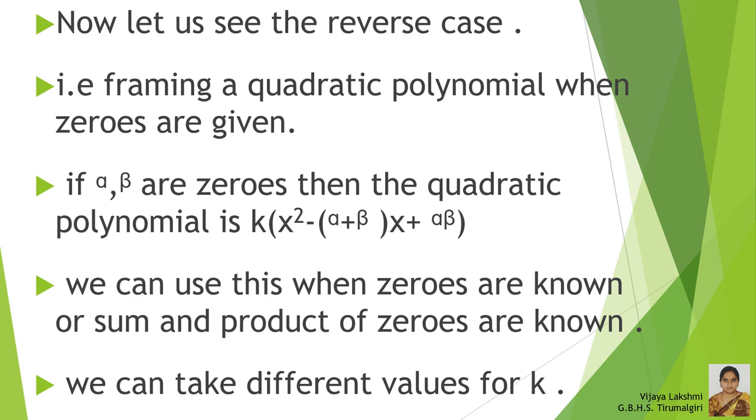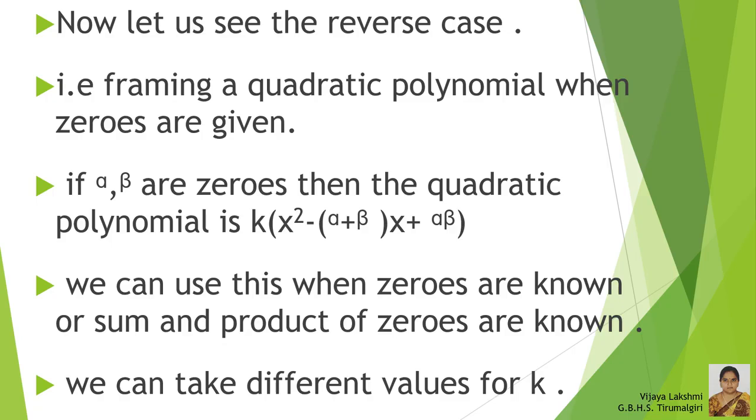If alpha and beta are zeros, then the quadratic polynomial is given by k into x square minus (alpha plus beta) into x plus alpha beta. We can use this when zeros are known or when the sum and product of zeros are known. If zeros are known, in place of alpha and beta we substitute the values.